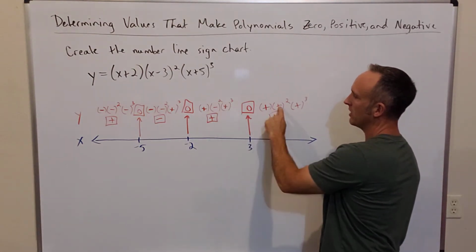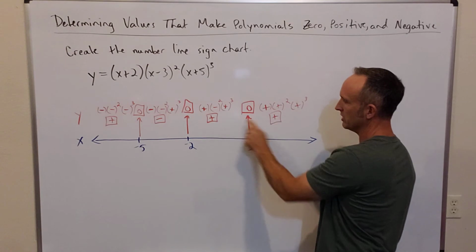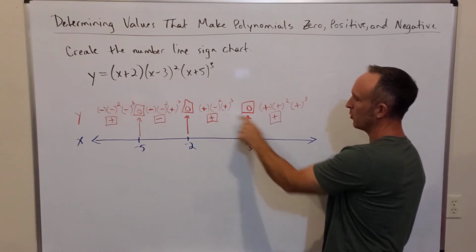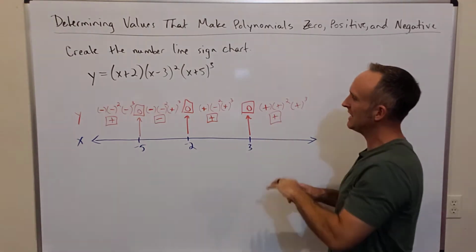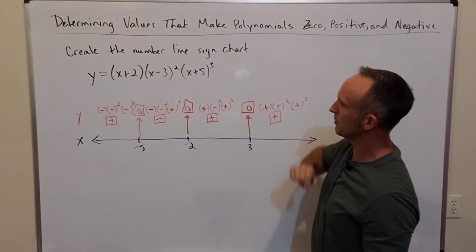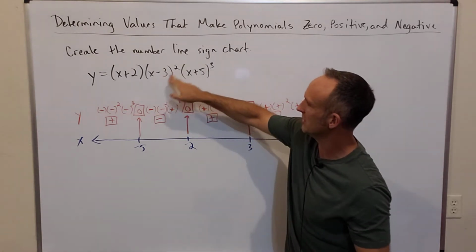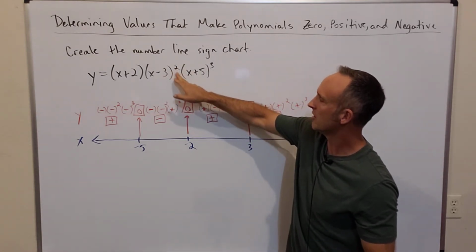But because it was squared, the total output did not change here. It was positive before and it was positive after. The key to that is the even exponent. So this 3 has an even multiplicity, a squared exponent.